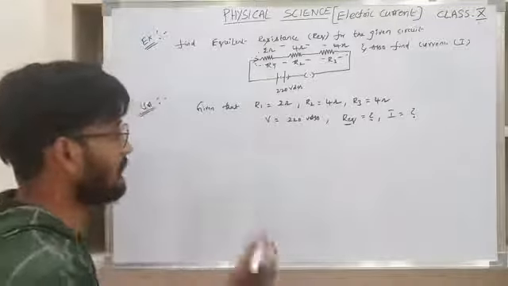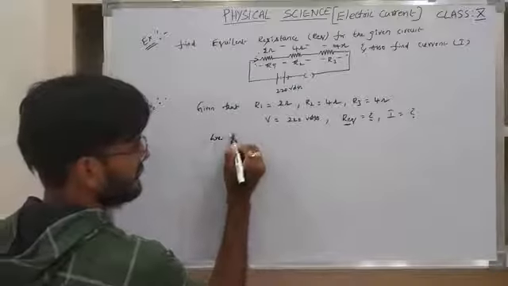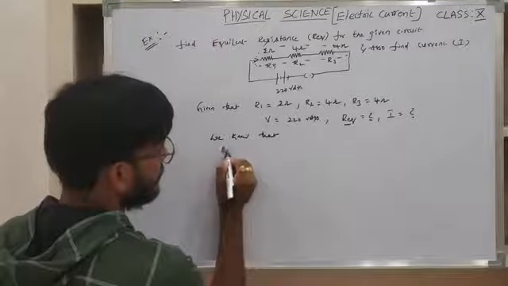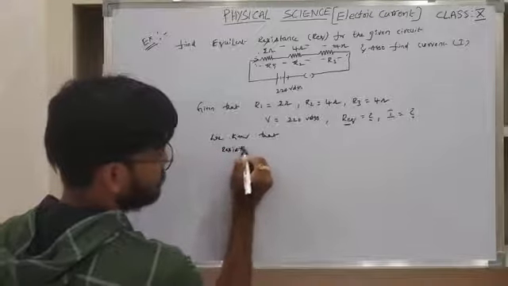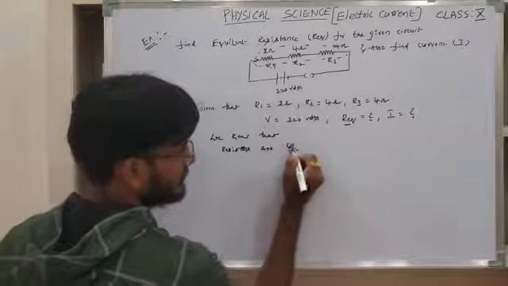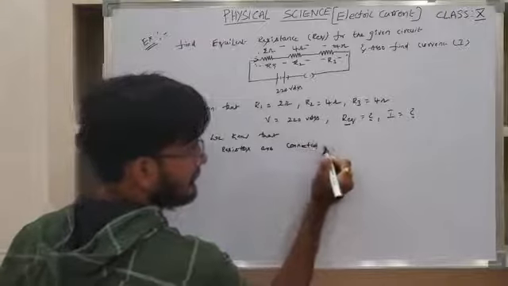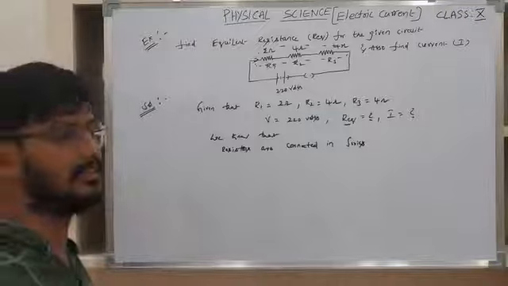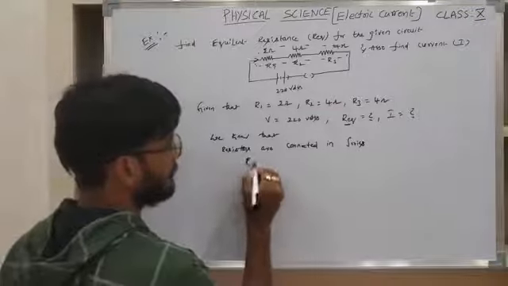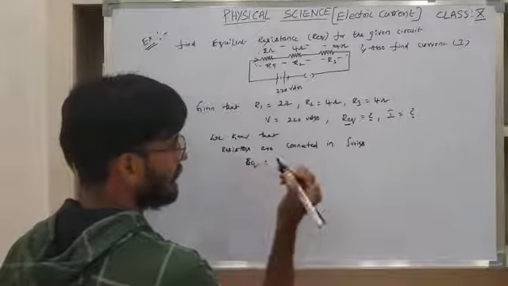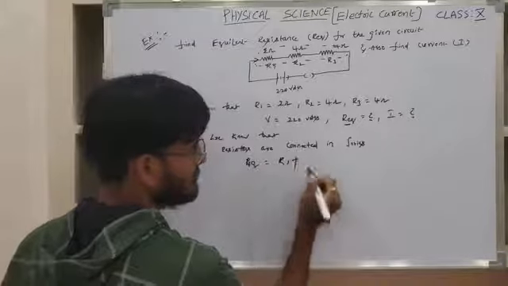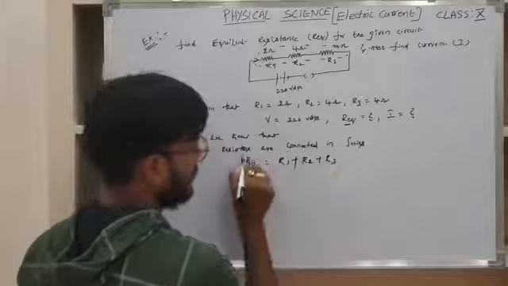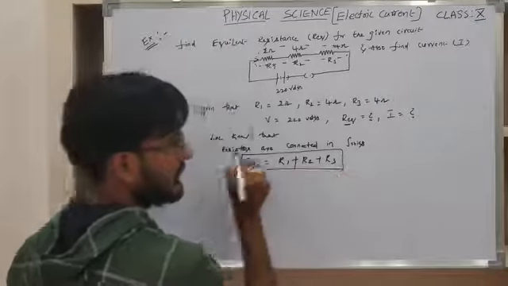Resistors are connected in series. What about the R equivalent formula? Already we know that formula. R equivalent is equal to the sum of the resistors: R1 plus R2 plus R3. So this is the formula.